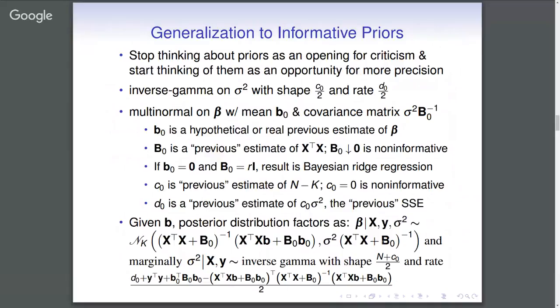But prior to Stan, a lot of people, when they wanted to do regression the Bayesian way, were sort of forcing their beliefs into an inverse gamma on sigma squared and a multivariate normal on beta, because we have an algorithm to draw from this posterior distribution that doesn't actually require a Markov chain and thus entail dependence between the draws.